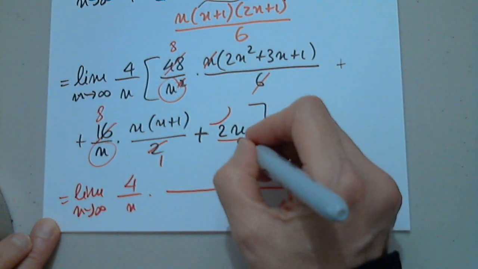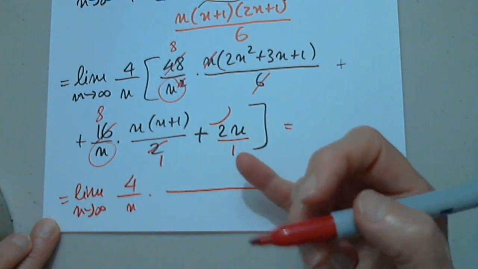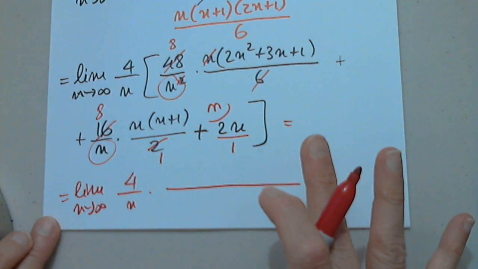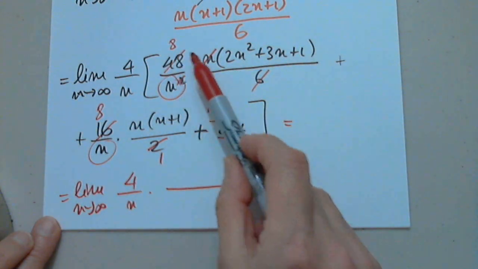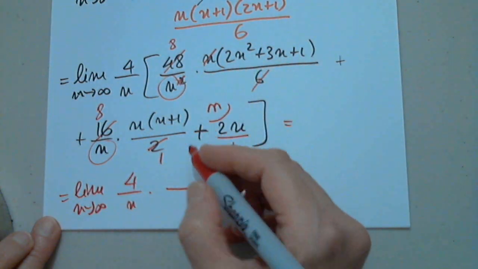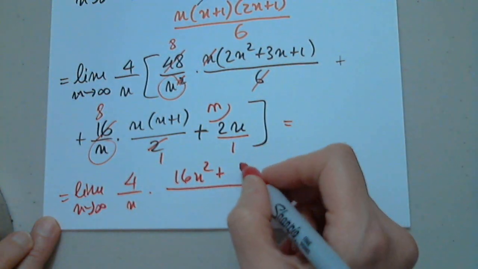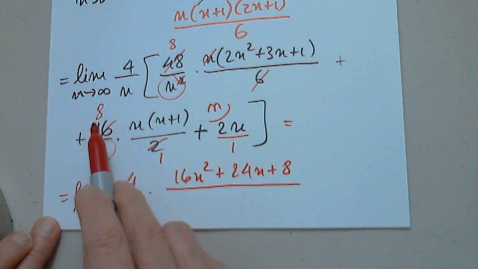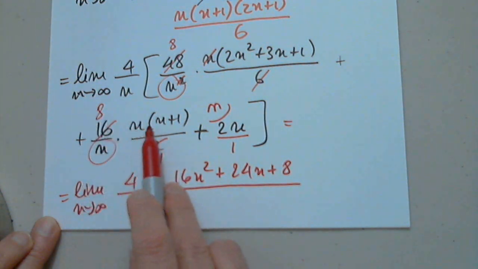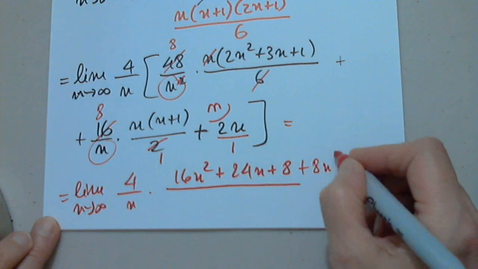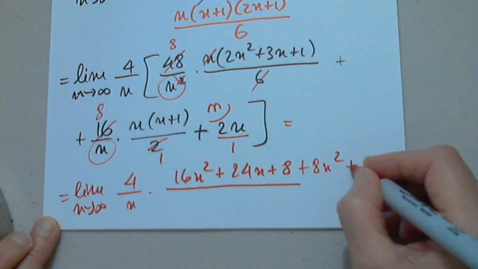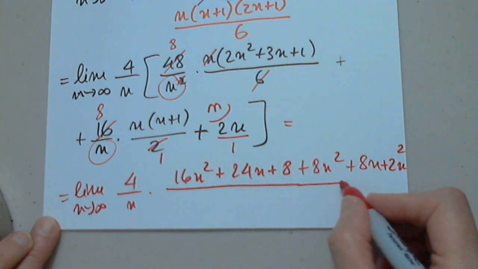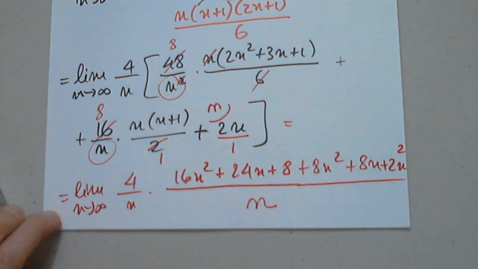This one does not have a denominator, which means it has denominator 1, so it always has to be multiplied by n. So 8 distributed here: 16n squared plus 24n and plus 8. 8 distributed here, 8n times n, and 8n times 8, and then plus 2n squared. And of course divided by n.